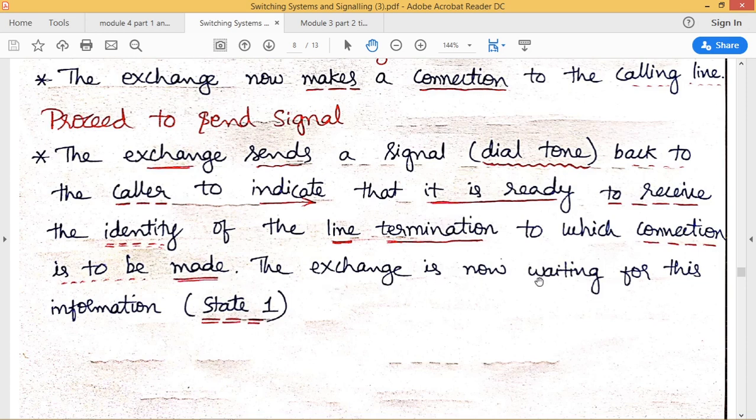Now the exchange is waiting for this information, and we call this state 1. So the proceed to send signal is sent from the exchange to the calling party, asking for the address of the called party to whom the connection is to be made.